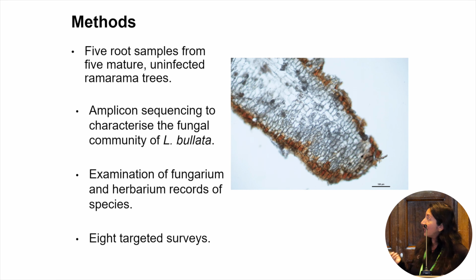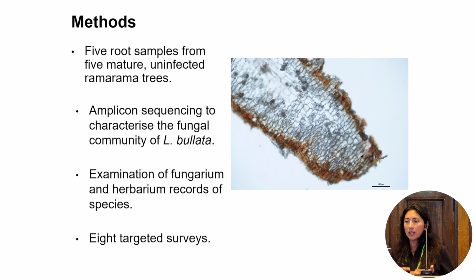So he collected, as I mentioned, 5 different root samples from 5 mature Rama trees, and then he used amplicon sequencing to characterize the fungal community. He wanted to look at both the arbuscular mycorrhizae and also the other fungi that are associated with it.